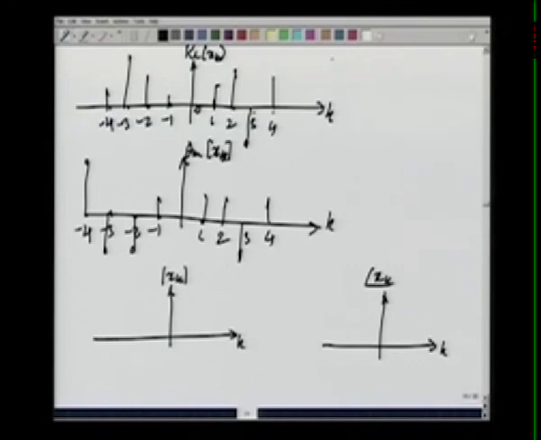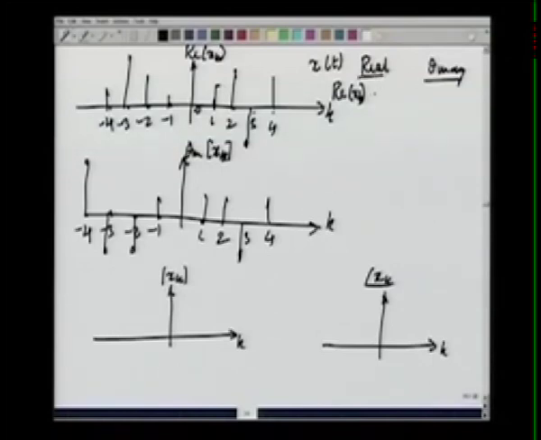Let us say x t real, and here we will say imaginary. Then real x k, so this is for x t real or x t imaginary.